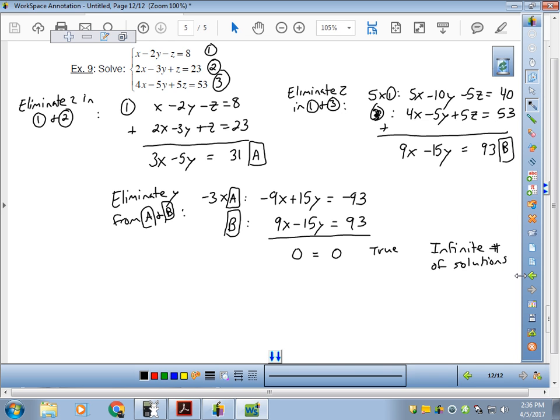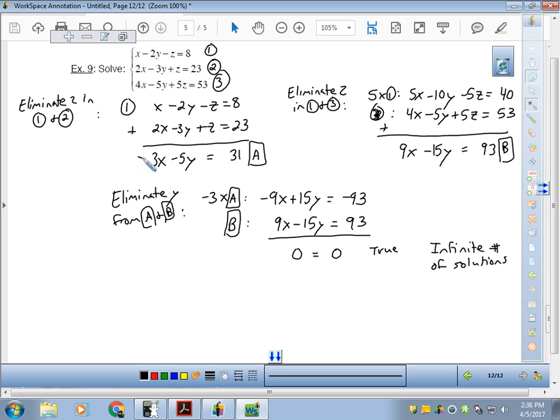So I need to decide how I want to write these solutions. Well, one way to do it is to solve these equations so that we have x and y as functions of z. What I mean by that is, take one of these equations and solve it for either x or y, and then plug it into one of the other equations and solve it out.